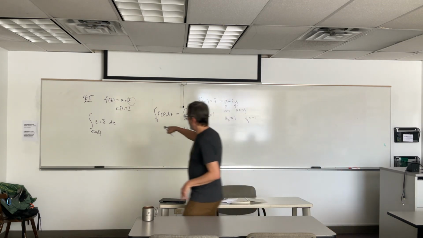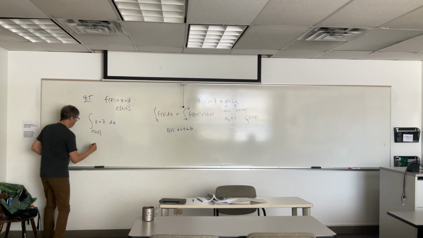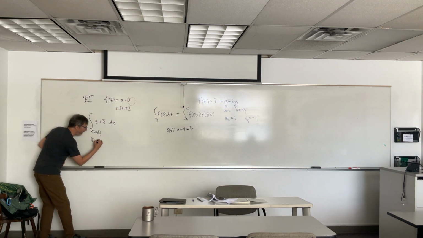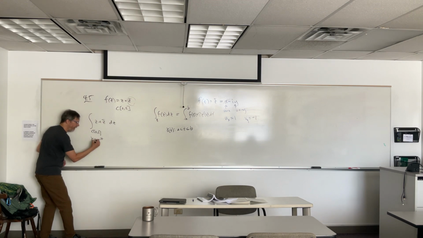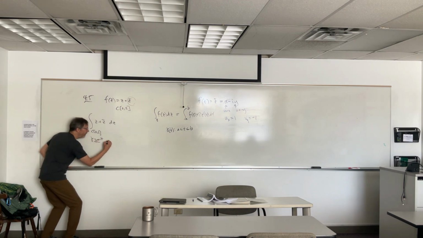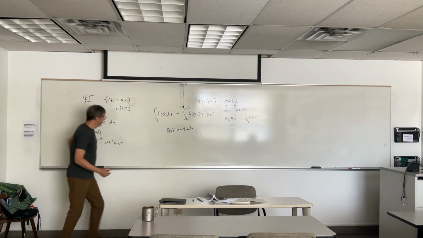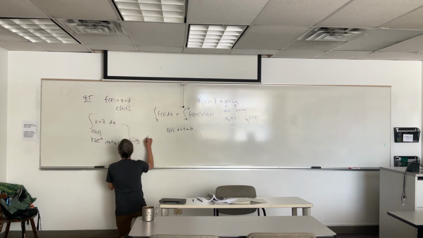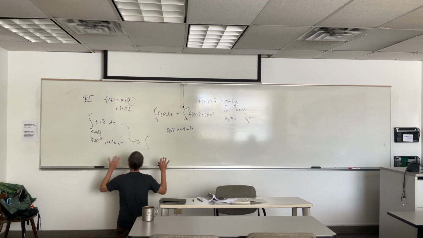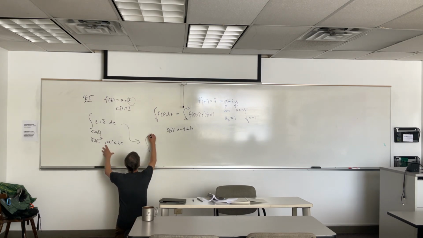So we're literally going to find a parameterization, which maybe you did. We've got gamma, and I think you actually said this, Avina. So we've got 2e to the it. So then this becomes the integral, and I'm just going to get it set up because I don't want to give it all away. From 0 to 2 pi, we're going to have 2e to the it, that's the z.